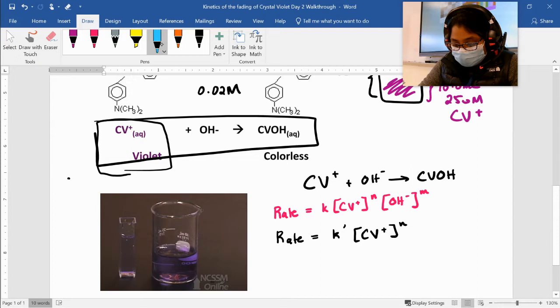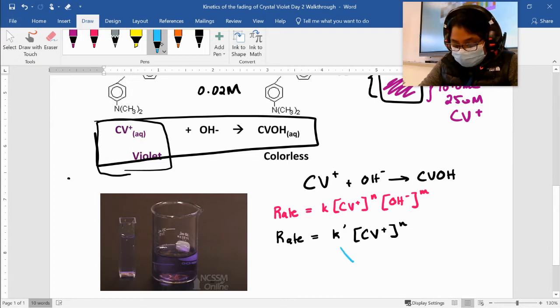We're just absorbing it into k prime so that we just look at the concentration of CV and how that changes to determine the order of the reaction. Because the hydroxide is so highly concentrated, changes in its concentration are so negligible that the rate will really be determined by the changes in the concentration of CV.